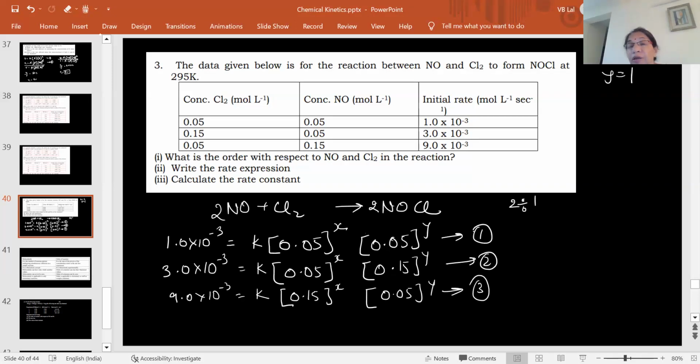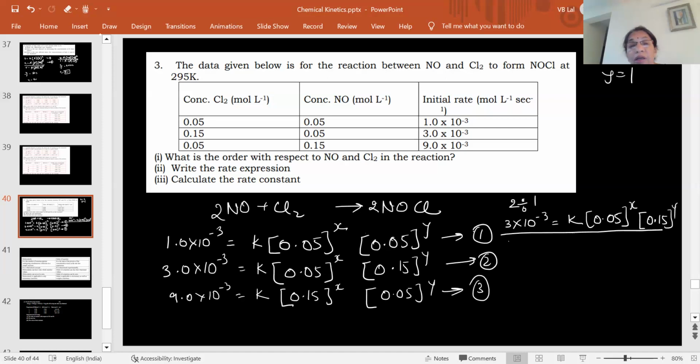This will become 3. So let me write here. 3 into 10 raised to minus 3 is equal to K into 0.05 raised to X and 0.15 raised to Y. And this divided by 1.